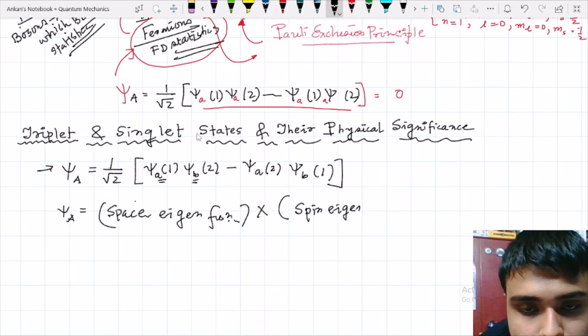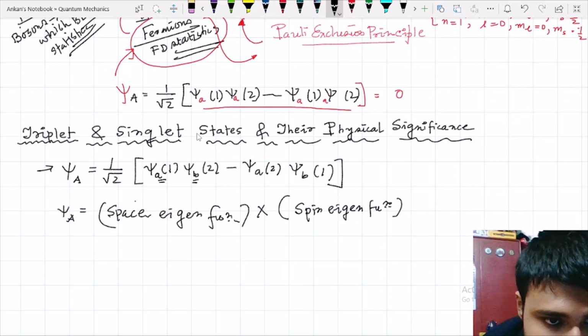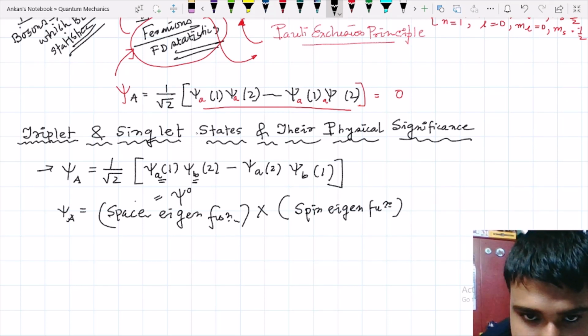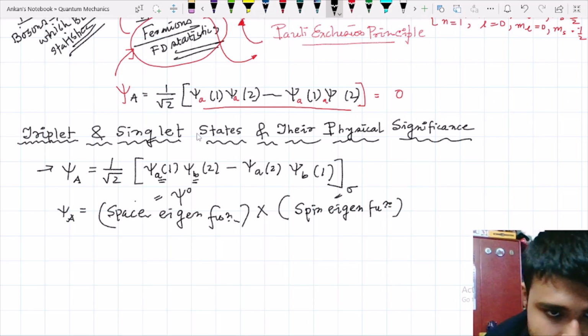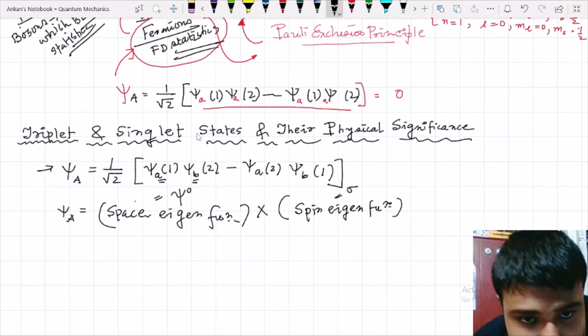Let the space eigenfunction be denoted by psi 0 and the spin eigenfunction be denoted by sigma. So we can write it as psi 0 sigma.